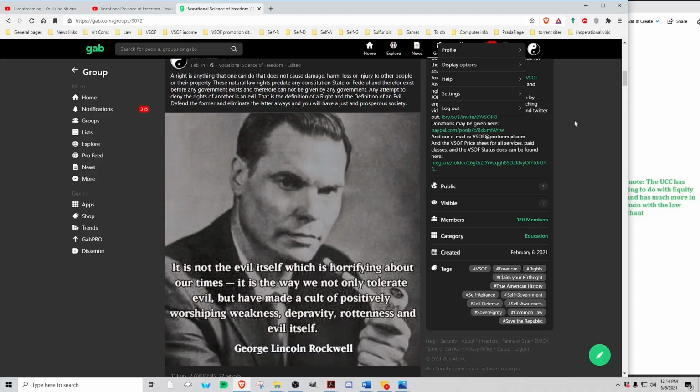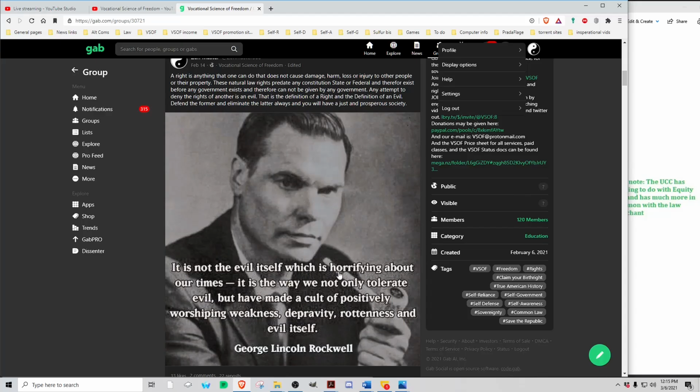These natural law rights predate any constitution, state, or federal, and therefore exist before any government exists, and therefore cannot be given by any government. Any attempt to deny the rights of another is an evil. That is the definition of a right and the definition of an evil. Defend the former and eliminate the latter always, and you will have a just and prosperous society.